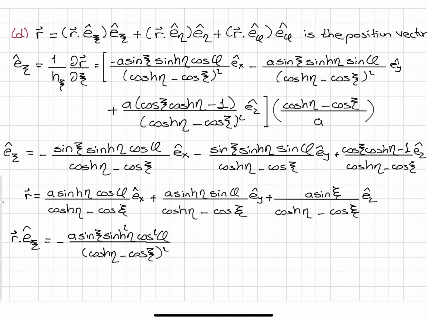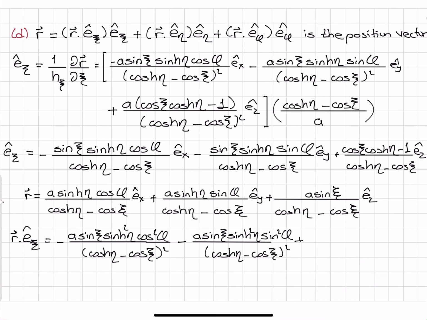And then I will have the y components. So here's a minus sign, here's a plus sign, so it's going to be minus A. Again, I have a sine psi, sine hyperbolic eta squared, sine squared phi divided by cosine hyperbolic eta minus cosine psi squared.